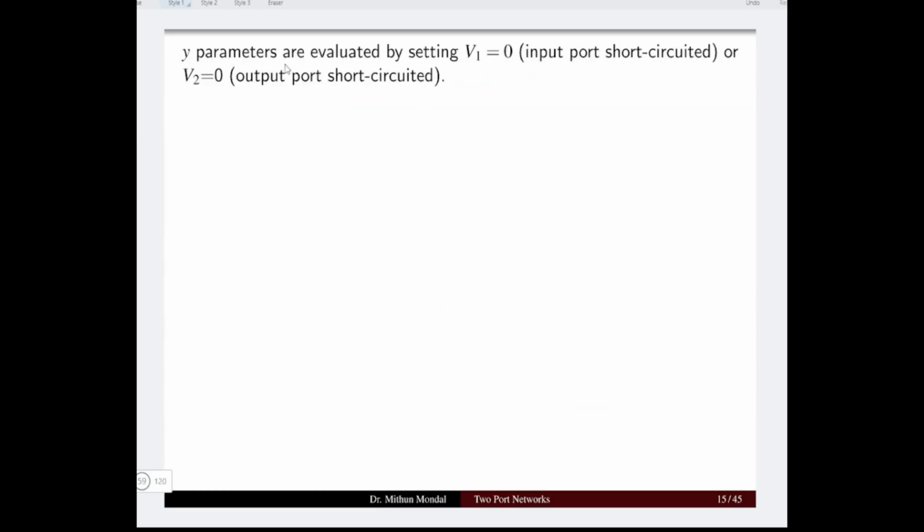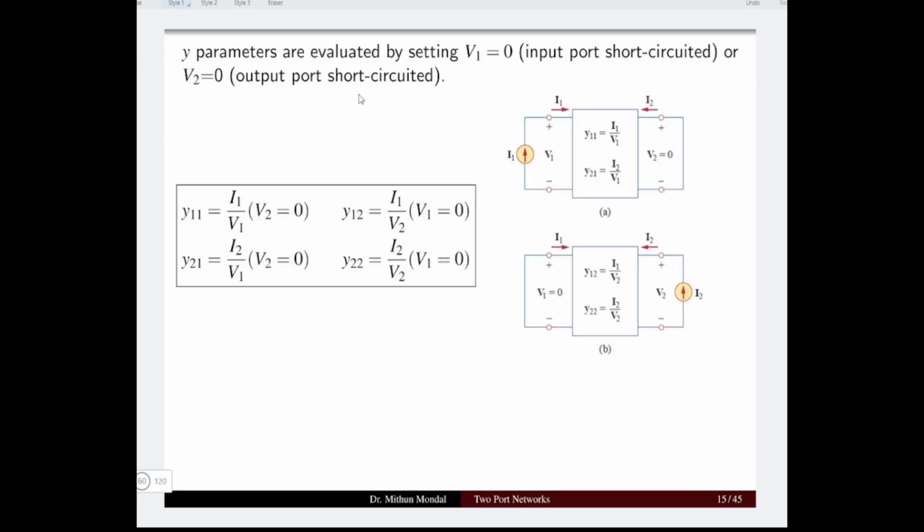Now these Y parameters are evaluated by setting the input voltage to be 0 or the output voltage to be 0. When the voltage is 0, it means it is a short circuit condition either at the input port or at the output port. We can obtain Y11 and Y21 by making the output port voltage V2 equal to 0, or short circuit, and connecting the input current source I1.